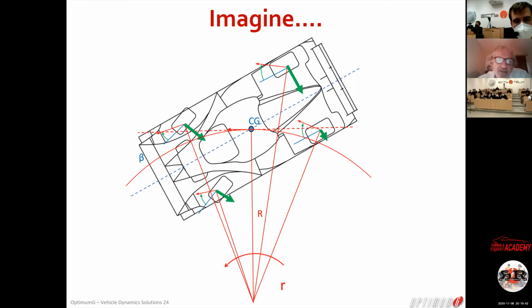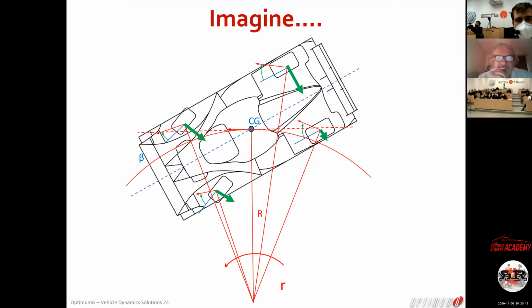Because you have the tire model and you know the vertical load, you are able to calculate the lateral grip. And if you have the lateral grip, you can have two things: the sum of the 4 grip divided by the mass gives the lateral acceleration, and the sum of the front grip multiplied by A minus the sum of the rear grip multiplied by B equals the yaw moment.